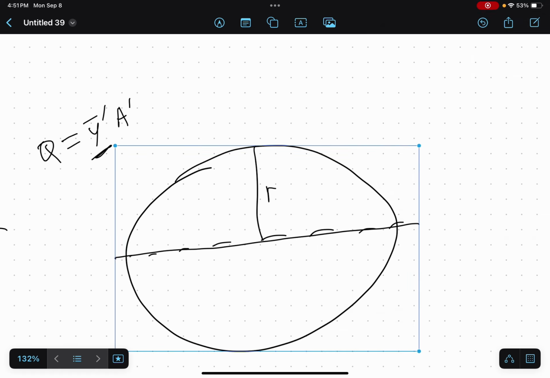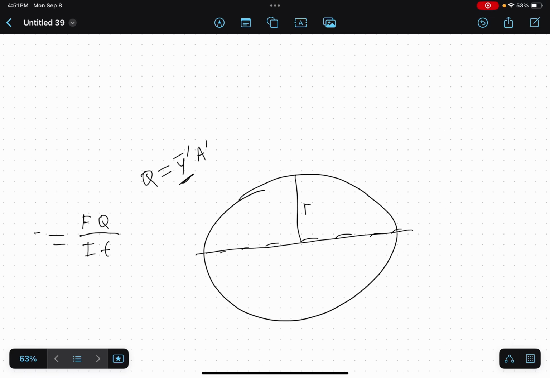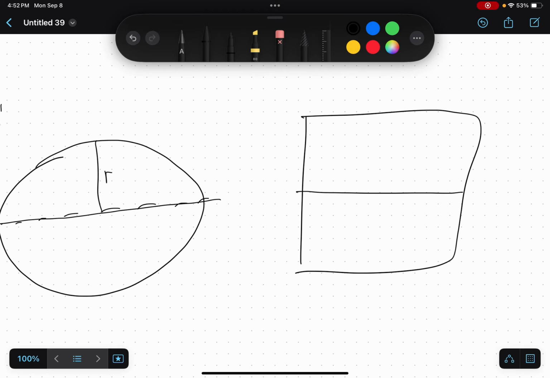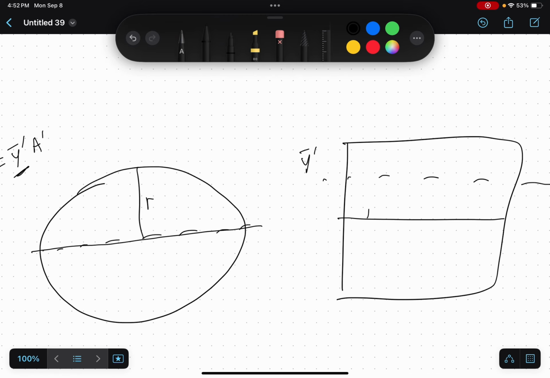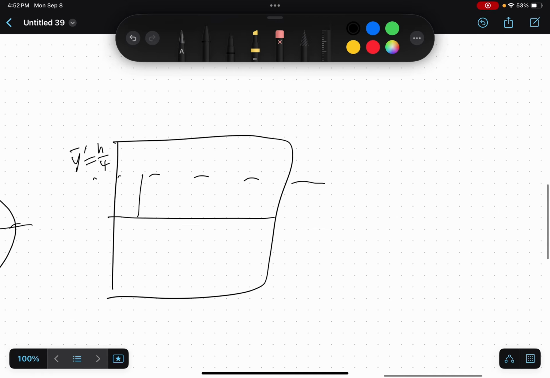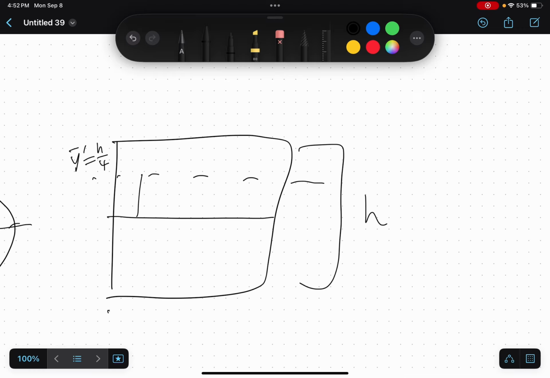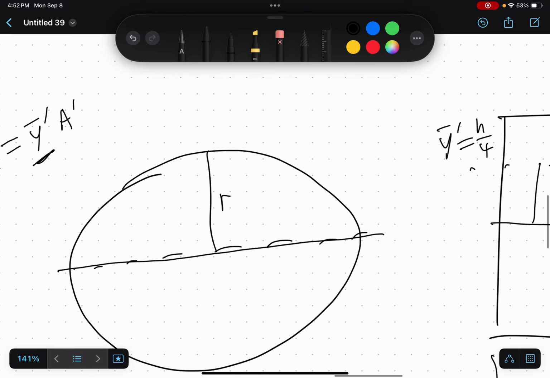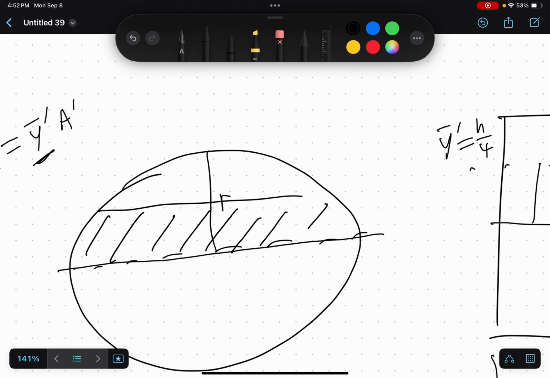if it was a square, that would be the case. Like if it was a square and your central axis is right there and you pick a halfway point, then your y prime would be halfway. So it would be, what would it be? H over 4 if this is H and this is L. It would be halfway, but because this is a circle and there's more mass below the halfway line than above it, that can't be it.